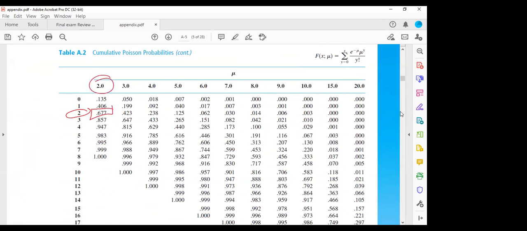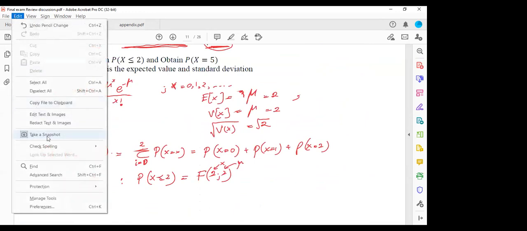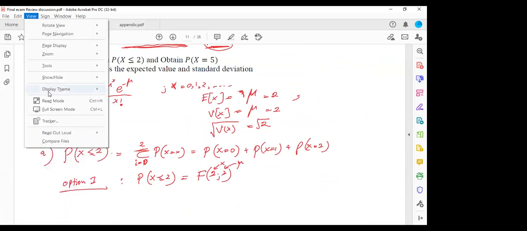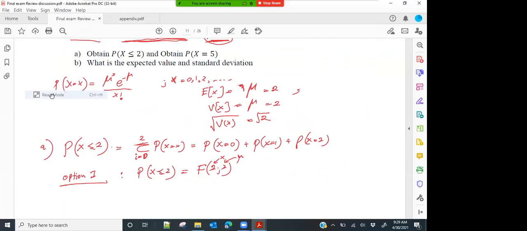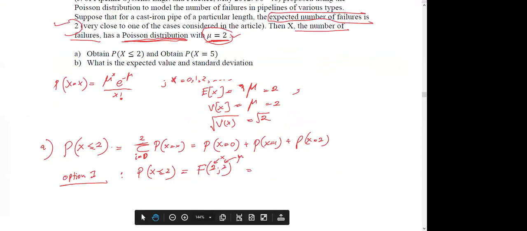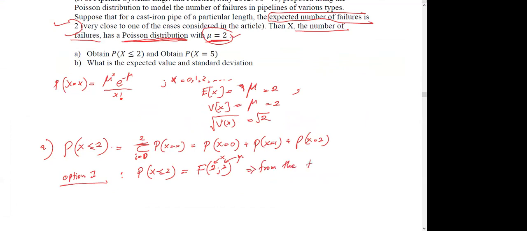So the corresponding value is 0.677. Let me get the full screen. So from the table, we can get the value 0.677.